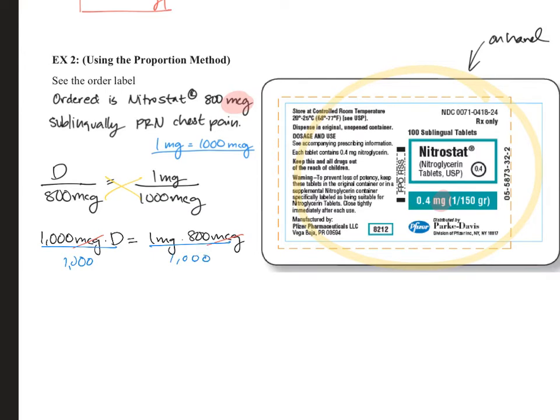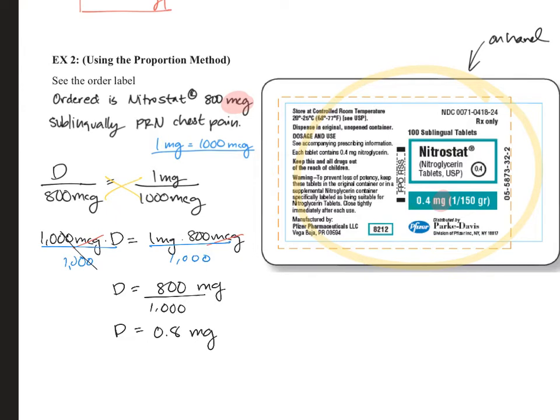And what do we have? D equals 1 times 800, which is 800 milligrams, divided by 1,000. Simplifying this, we end up with D equals 0.8 milligrams.